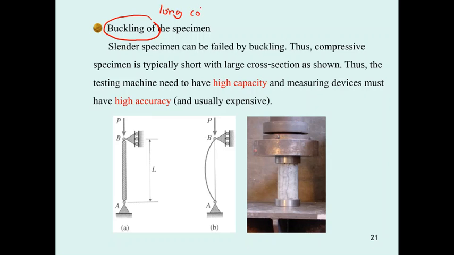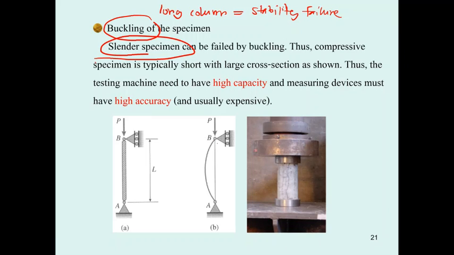Buckling is what's called a stability failure. It's not a material failure, so we need to prevent it. It only occurs in a slender column. That means our specimen is supposed to be very short and fat, something like that.